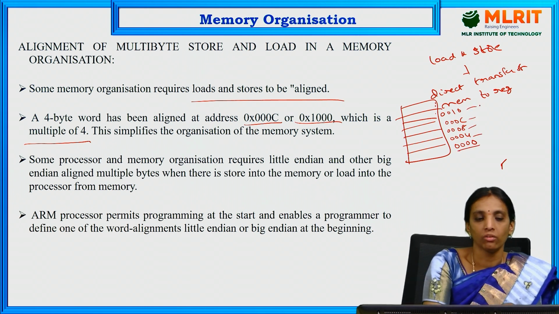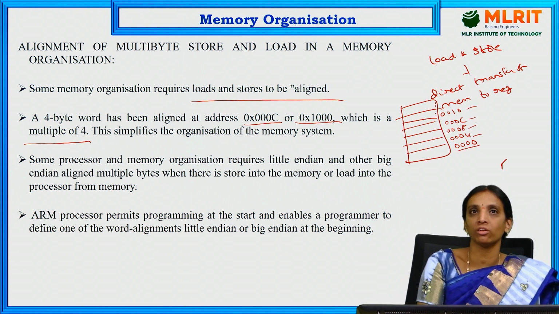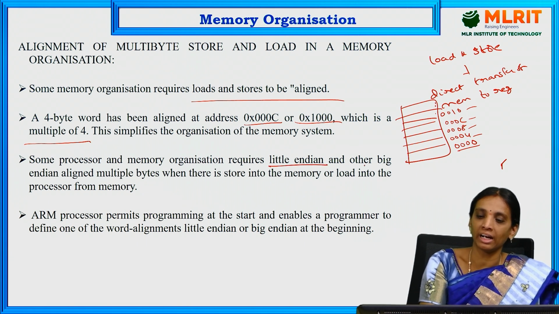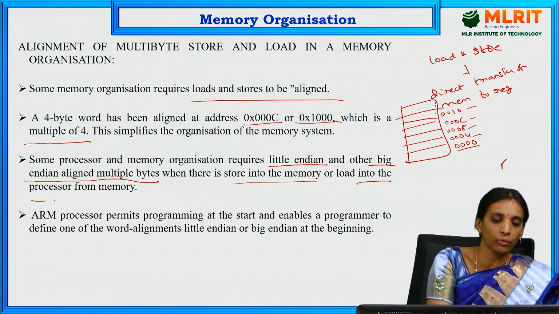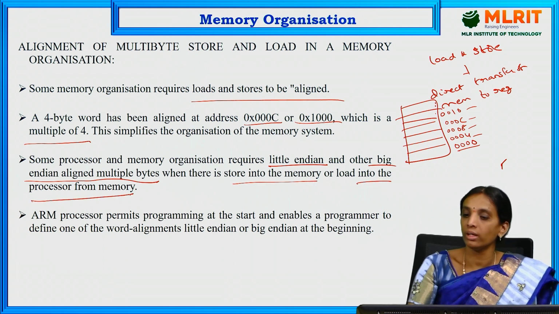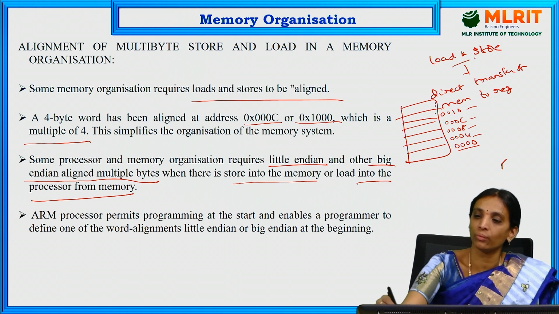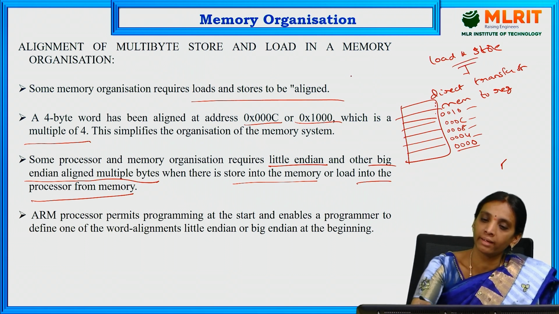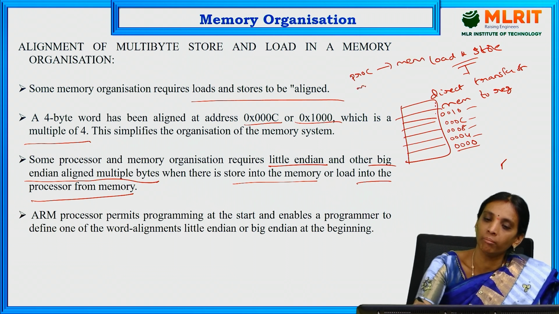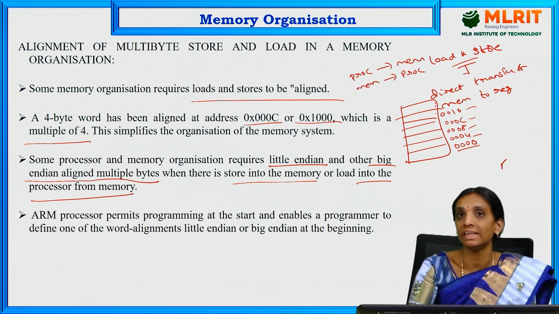Some processor and memory organizations require little endian and others big endian aligned multiple bytes, whether storing into memory or loading into the processor from memory. Load and store instructions are used for entering data directly from processor to memory and from memory to processor without any interfacing kit.